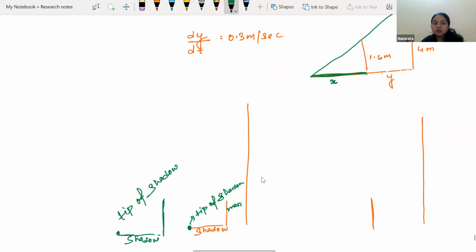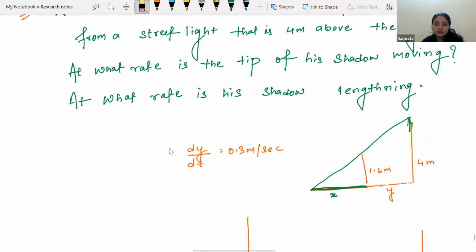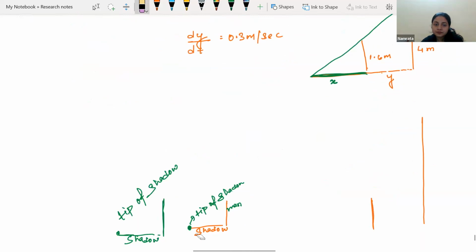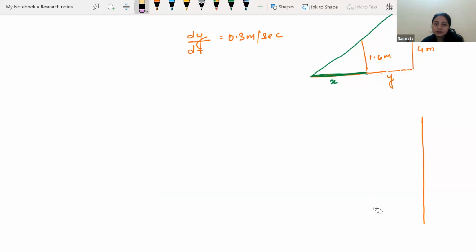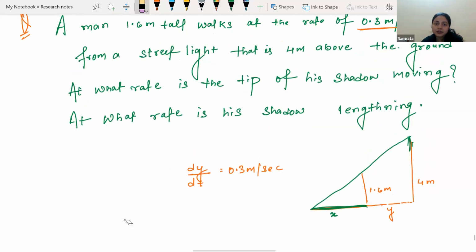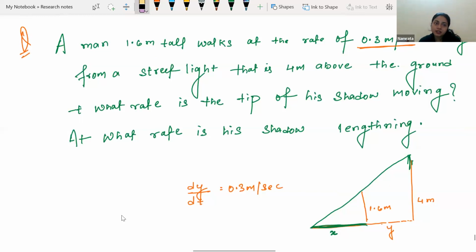Now let me know what to do over here at first. Anyone? What we have to find here, if in the question it's written that at what rate is the tip of his shadow moving, then what exactly we have to find at first?